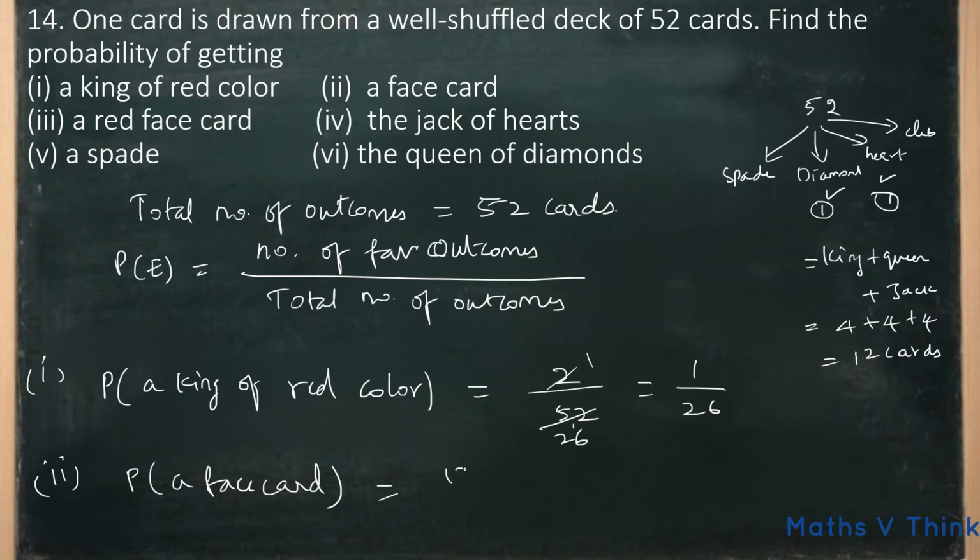So the favorable number of outcomes is 12 divided by the total number of outcomes, 52 cards. So 2 sixes are 12, 2 twos are 4, 2 sixes are 12, 2 threes are 6. So 3 by 13 is the probability of a face card.